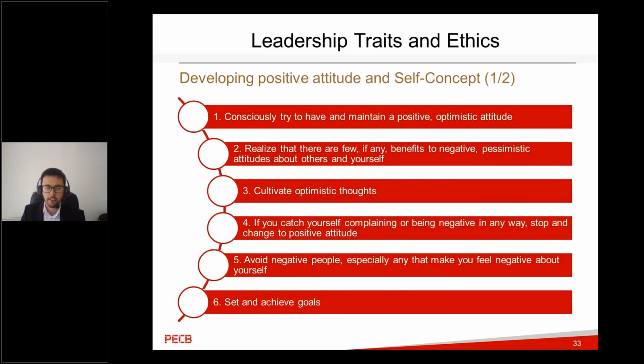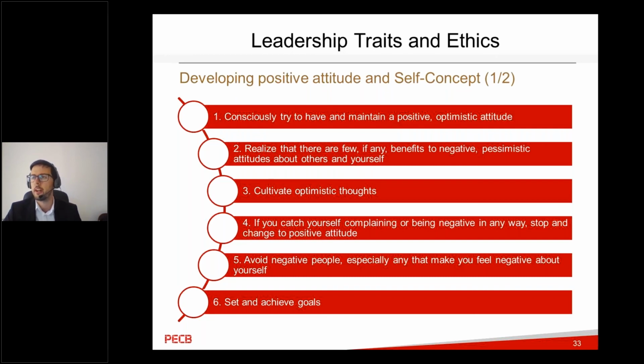As it turns out, there is something that can be done. Positive attitude and self-concept, which are related to self-confidence as well, are a trait that can be improved if we take into consideration these 12 pieces of advice, so to say.